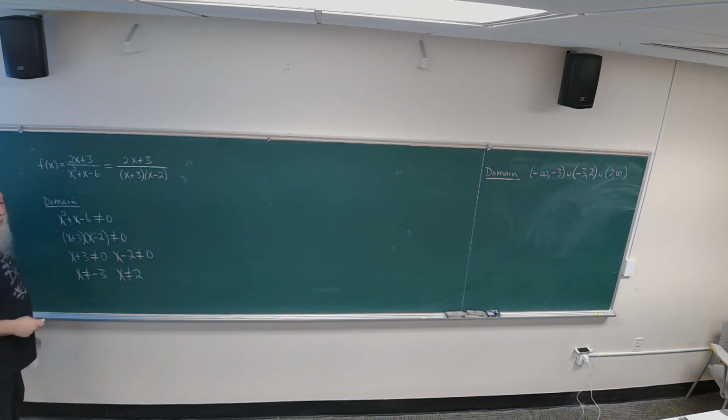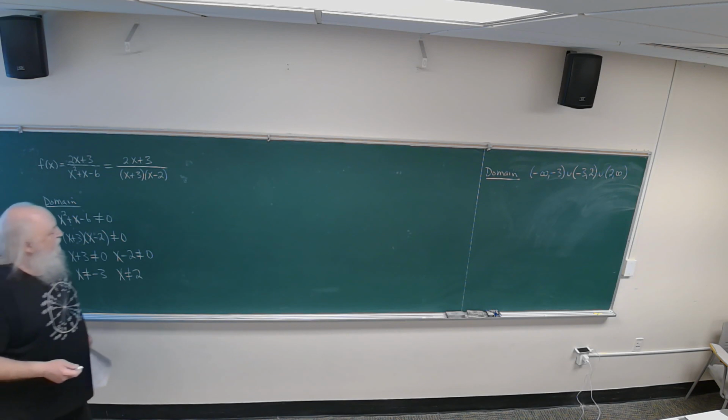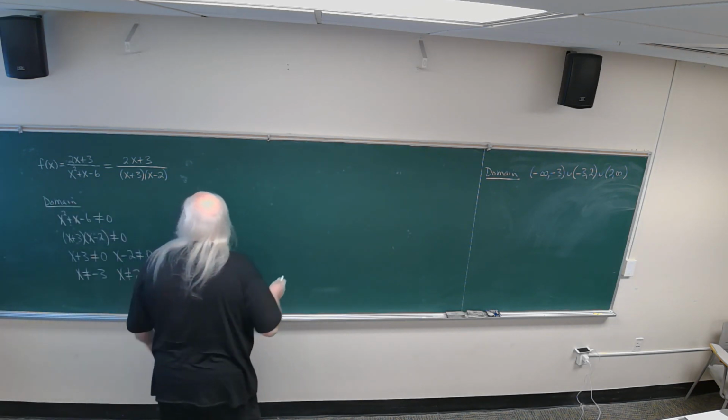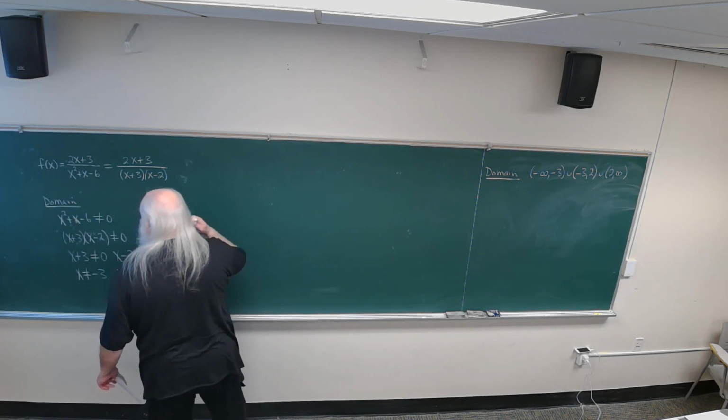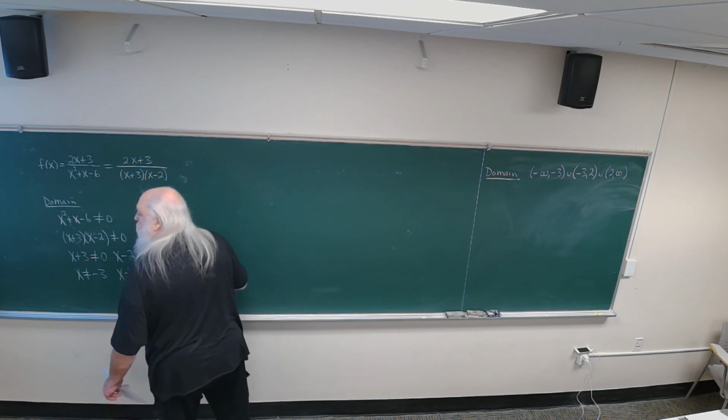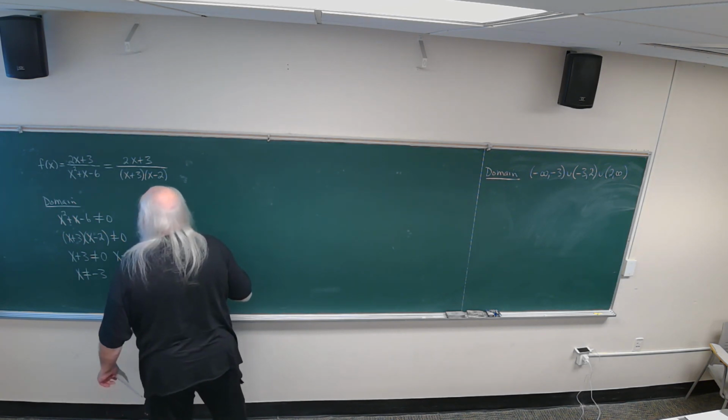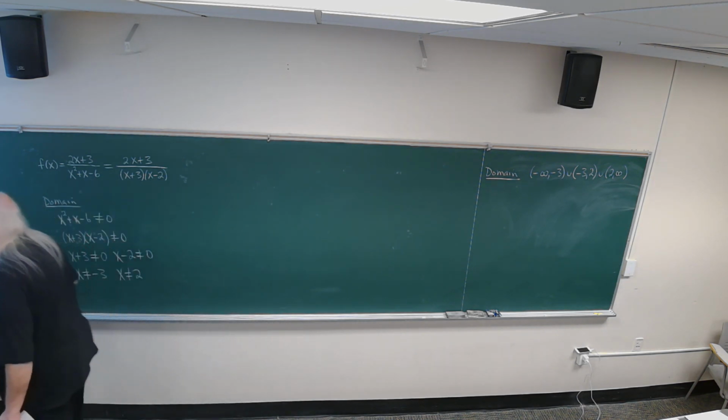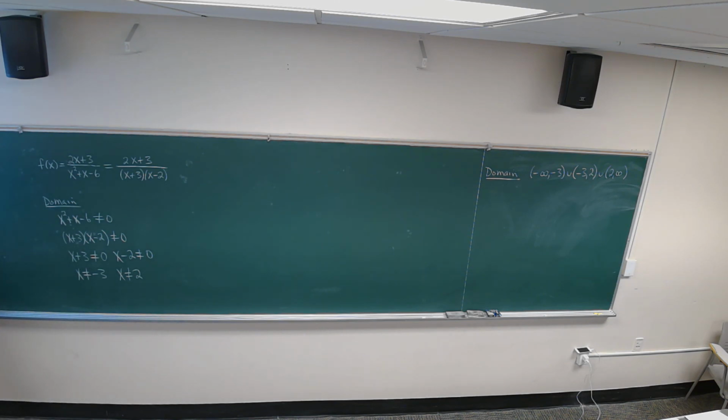And so there are no common factors in the numerator and denominator. So to get the equations of the vertical asymptotes, and this you've got to emphasize, it says the equations of the vertical asymptotes. We know a vertical asymptote is a vertical line, so we need the equation of the vertical lines for the vertical asymptotes.